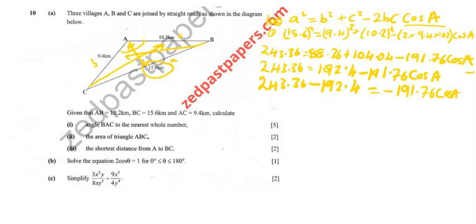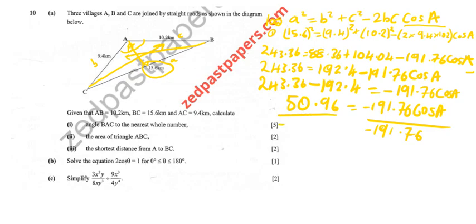So when we subtract 243.36 minus 192.4, I'm getting positive 50.96, which is equals to negative 191.76 cos A. So you divide over negative 191.76, even this side you say negative 191.76. So I cancel this, I cancel that.